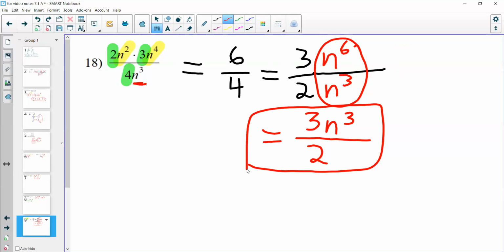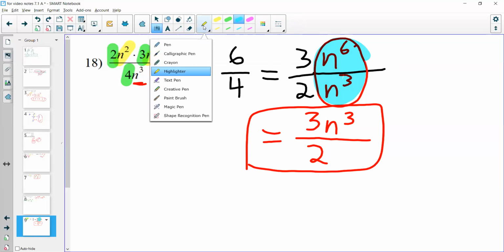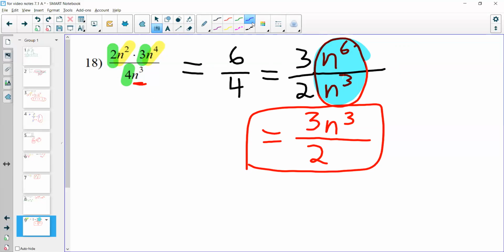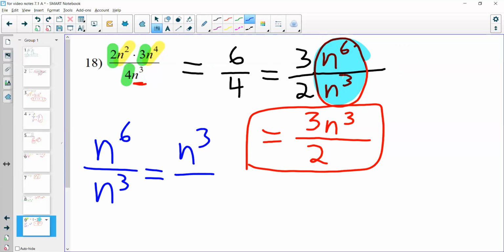Now another way to think of that, all I'm going to do is look at just this part here, and I'm going to rewrite it as n to the 6th over n cubed. I know just by looking at this that it's n cubed over 1.